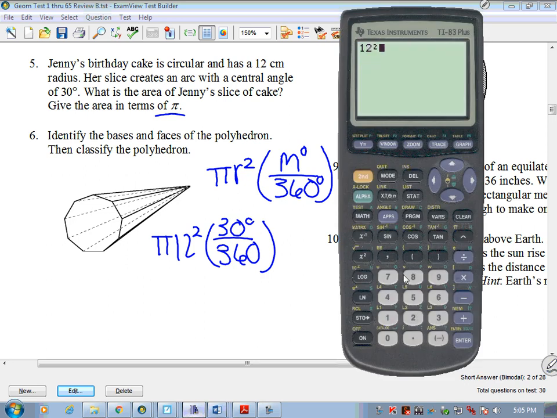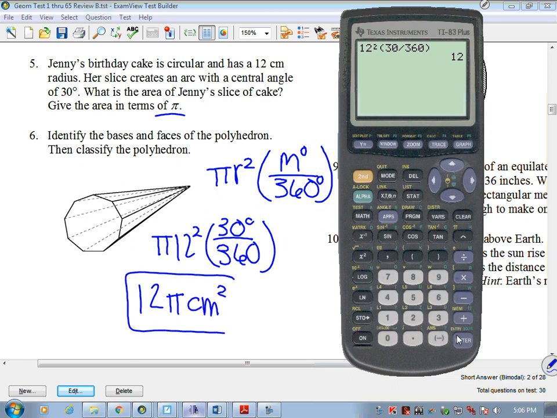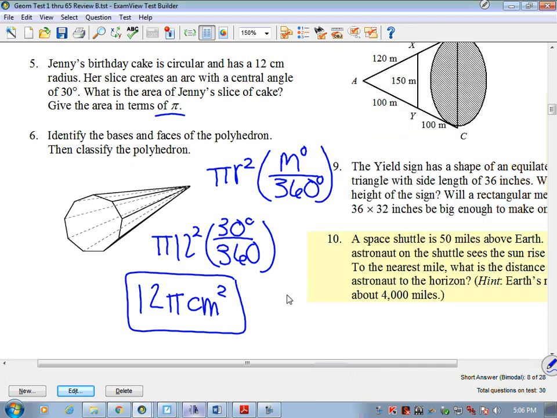We've got 12 squared times 30 divided by 360. It's giving me 12. So I'm left with 12 pi centimeters squared as my answer. 12 pi centimeters squared is my answer there. That comes out of lesson 35, finding arc lengths and areas of sectors.